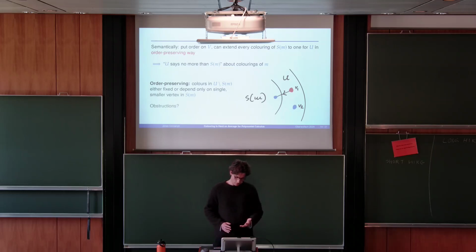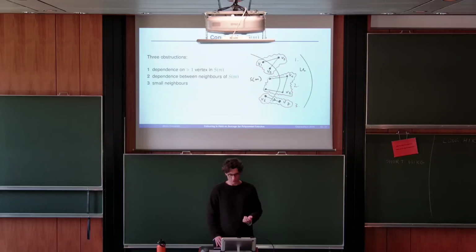So this is the goal, and we now want to identify the obstructions towards achieving this goal. Essentially, there are three such obstructions. The first one is that there is some vertex which depends on more than one vertex in S of M. The second, which is maybe a bit less obvious, is that if there is some dependence between neighbors of S of M in U, like in the picture here, this sort of indirectly constrains what you can assign inside S of M, so we cannot really deal with this situation either.